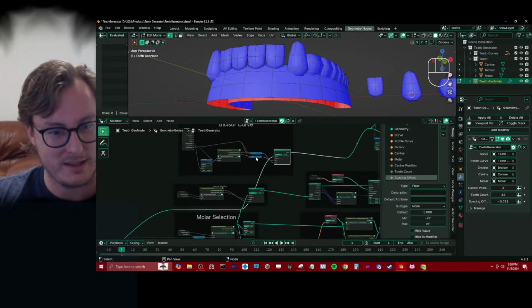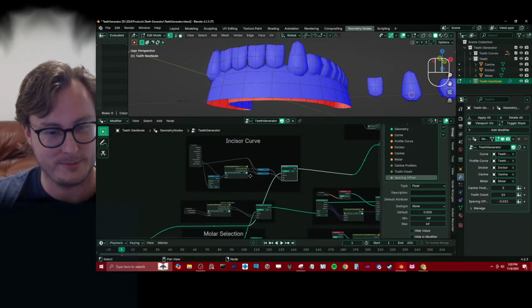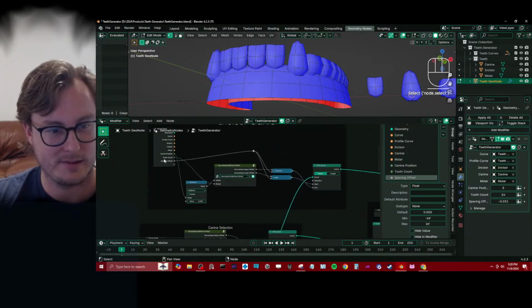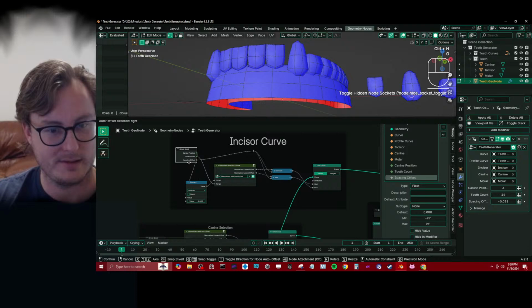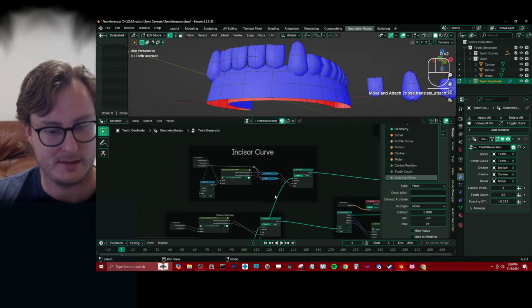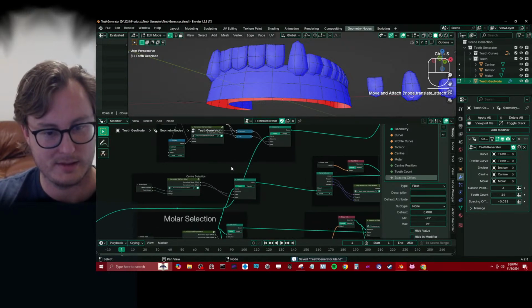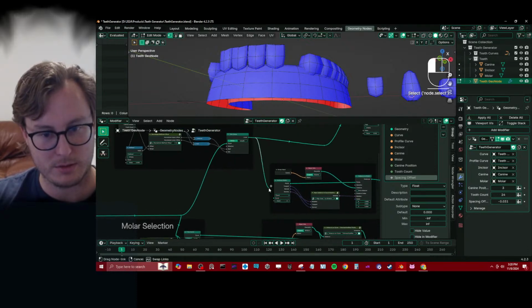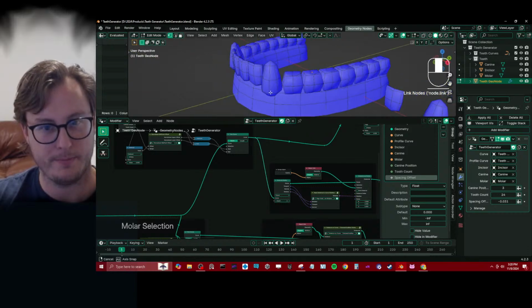This is such a funny thing to do. Okay. I don't think I need this here. I think I should be able to use this curve. Yep.